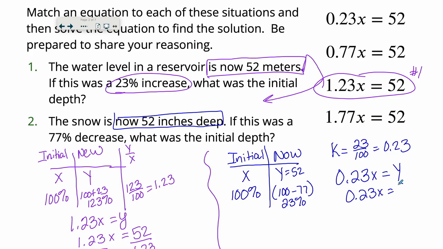Replacing y with 52, we end up with this first equation, and then we're going to solve that by dividing 52 by 0.23 to get 226.1 inches.